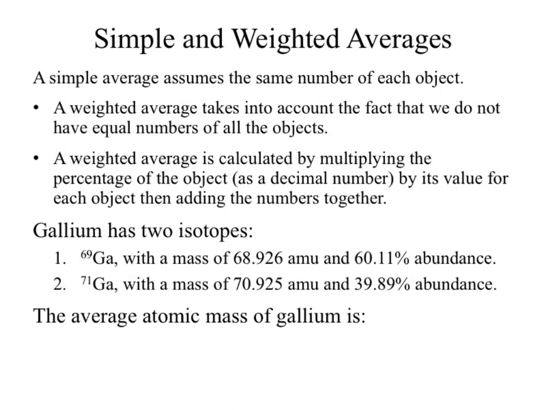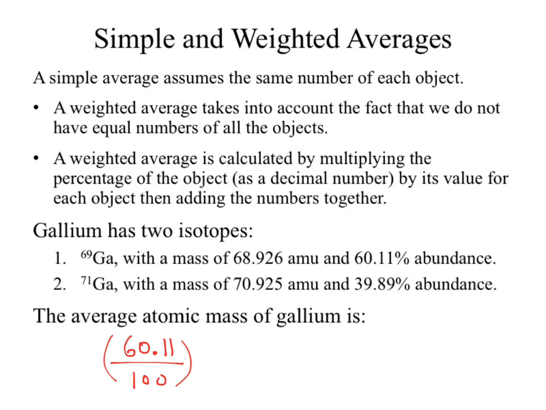So to go through and run this calculation, what do I then do? Same thing as we did before. How many times does gallium-69 show up? Say 60.11, what's that percent doing? Over 100. In a sample size of 100, it shows up 60.11 times.